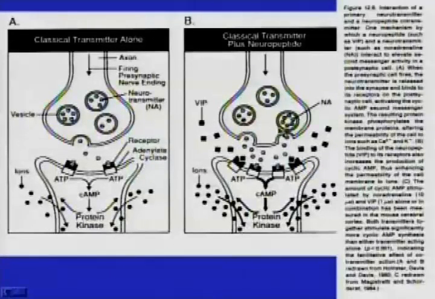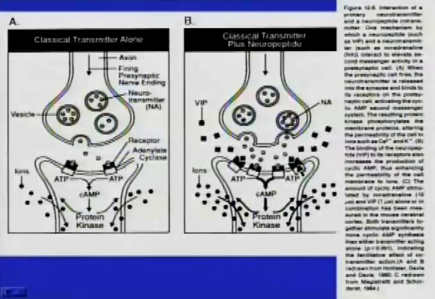So now if we add a co-transmitter such as VIP with noradrenaline, then we see that the VIP receptor, this diamond-shaped molecule figure is illustrating the VIP, or diamond if you tilt it that way, square I guess if you tilt it that way.